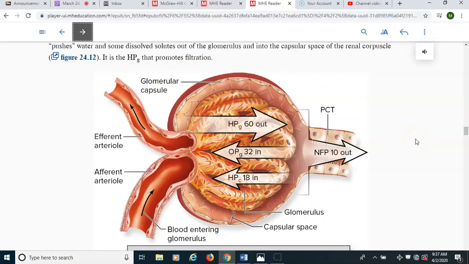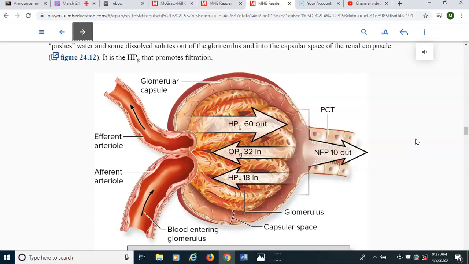So with the glomerular filtration, this is the filtering of the blood that's going to allow for the rest of our nephrons to determine what needs to stay in the blood and how much and what needs to go in the urine. So it's really important to maintain filtration at a constant rate.